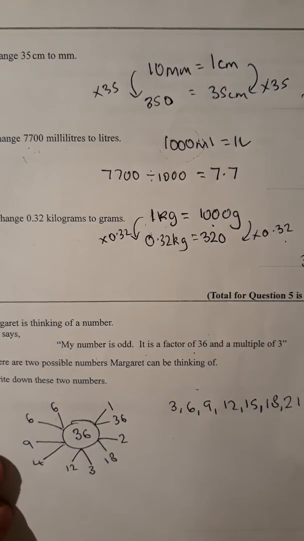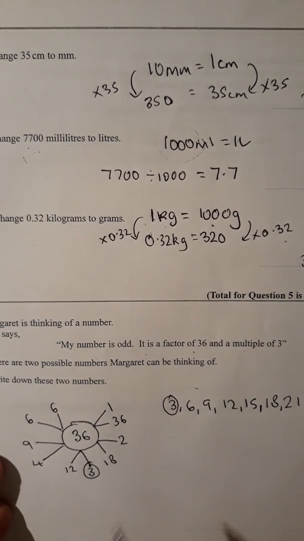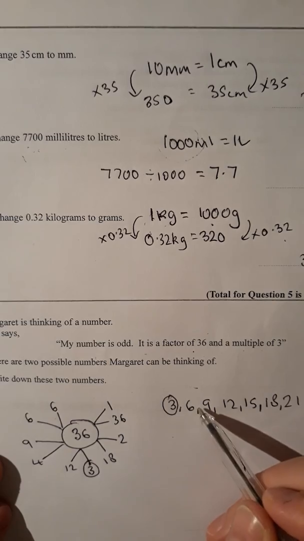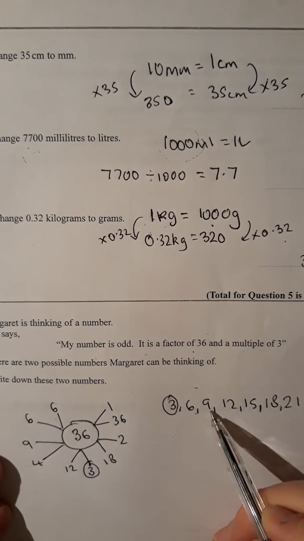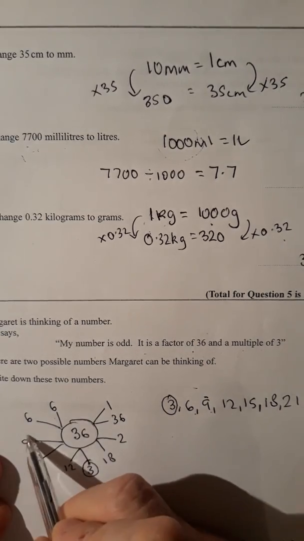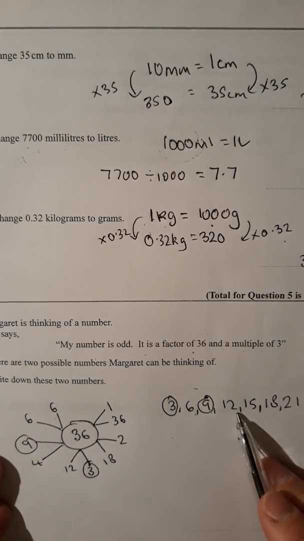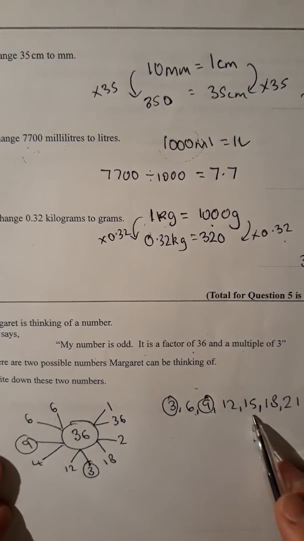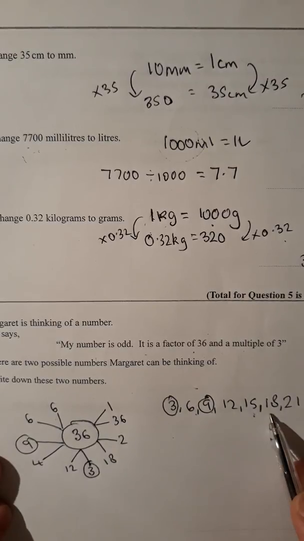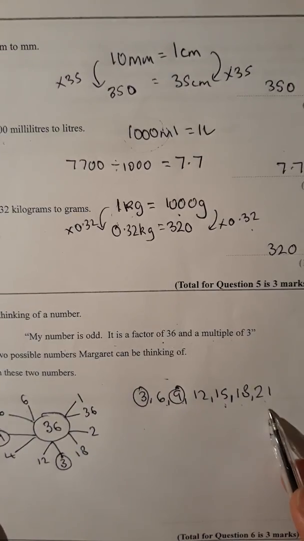Well, what we've got here is 3 is a factor of 36 and a multiple of 3. 6, but that's even. 9 is an odd number, that's a factor of 36 and a multiple of 3. 12, yes, but that's even. 15 is odd, yeah, but that's not a factor of 36. 18 is even. 21 is odd, but we've got too big now to be a factor of 36.